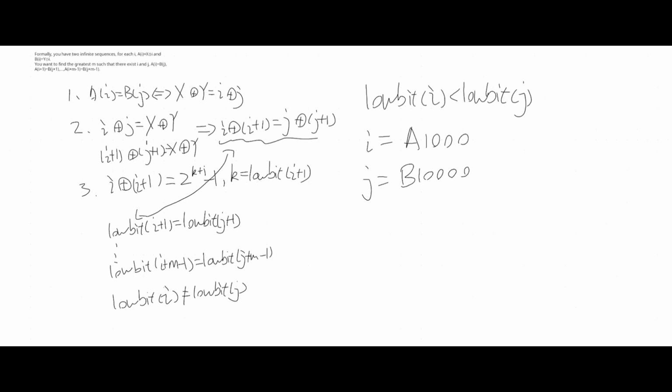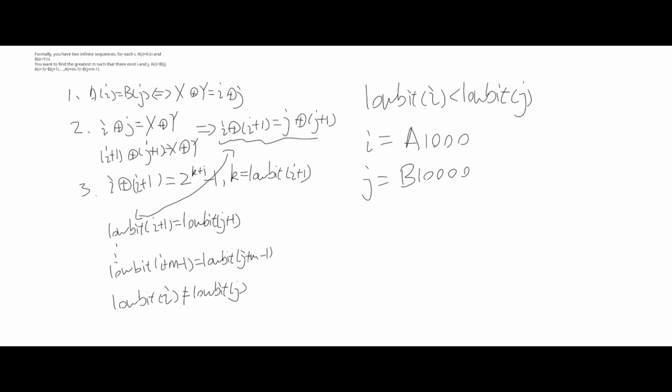If I and J increase by 1, their low bits are the same, right? Now let's look at this case. First, we can see that I plus 1's low bit is indeed equal to J plus 1's low bit.